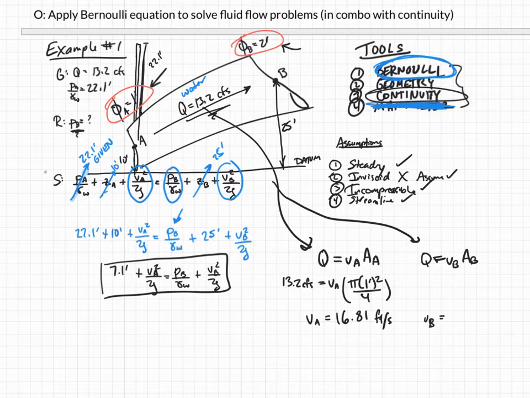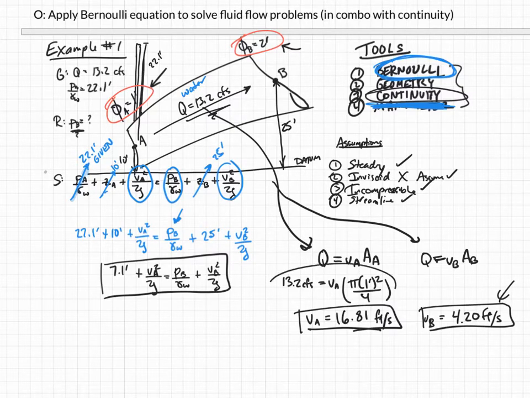So I can take this VA of 16.81, divide by 4, and I'll get 4.20 feet per second. So now I've got my two velocities. If you can't follow that, just do this again right here, except use 2 instead of 1 right there, and hopefully you'll see that you get the same answer.